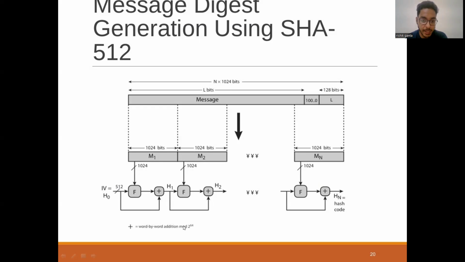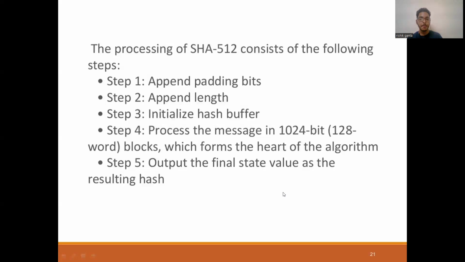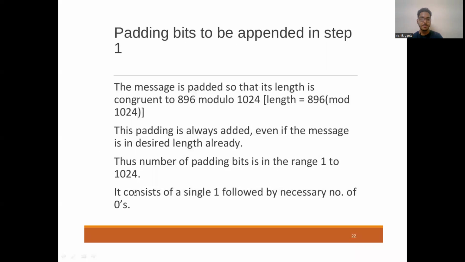Word-by-word addition modulo 2 to the power 64 is done, and the process is repeated. The process of SHA-512 consists of the following steps: append padding bits, append length, initialize hash buffer, process the message in 1024-bit blocks, which forms the heart of the algorithm, and output the final state value as the resulting hash.